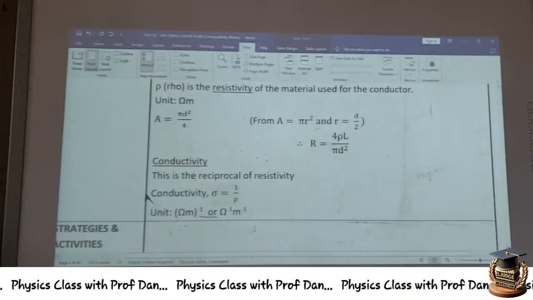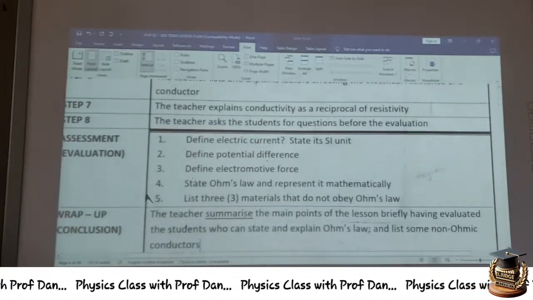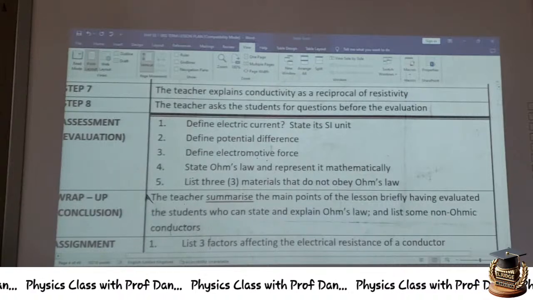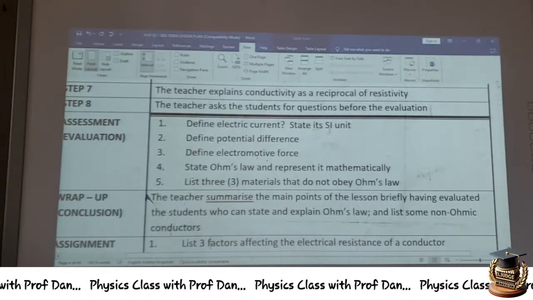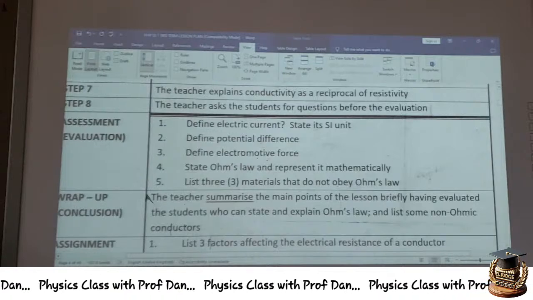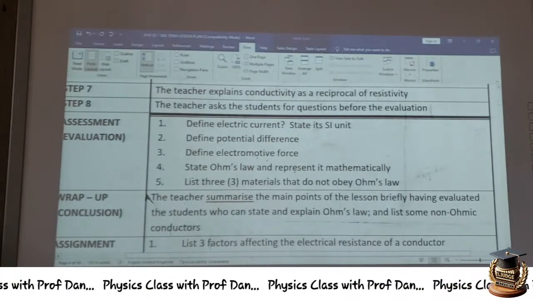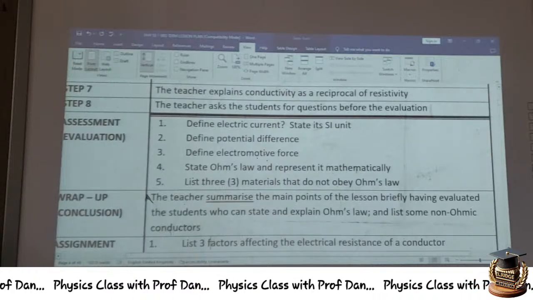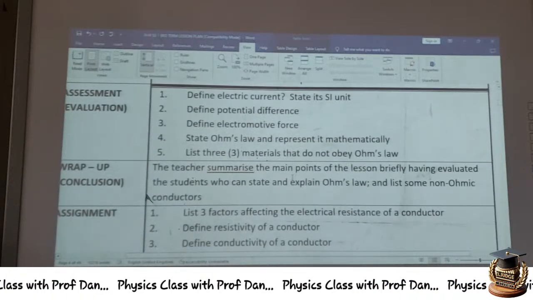That's the unit of conductivity. By now, you should be able to define electric current, state its unit, define potential difference, define electromotive force, state Ohm's law, represent it mathematically, and name three materials that do not obey Ohm's law.